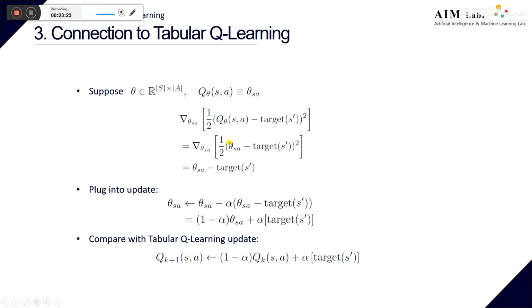If we evaluate the gradient with respect to the parameter at this state and action, we just get the difference between the theta value and the target value. Then if we plug this result into the gradient update, we get the tabular Q-learning update formula. This is the same formula, this one and this one.